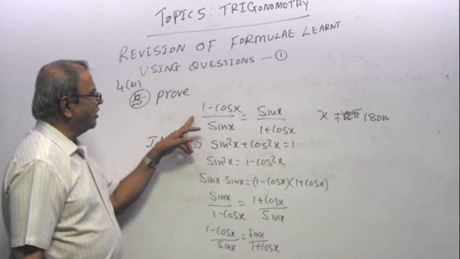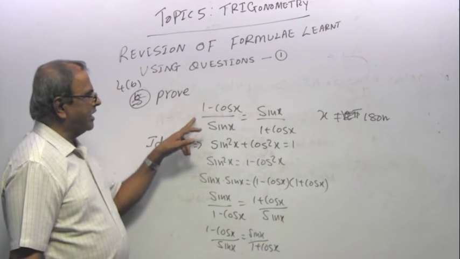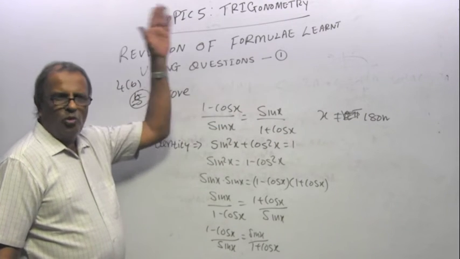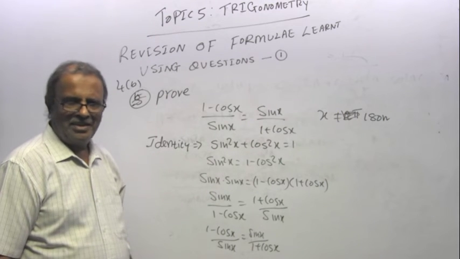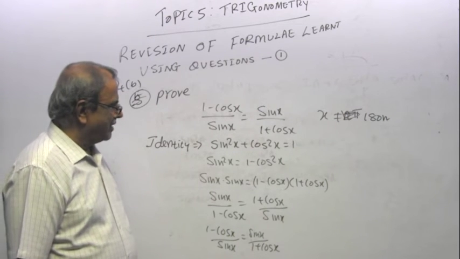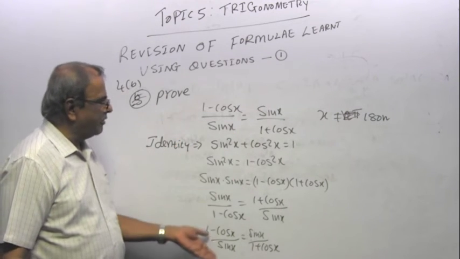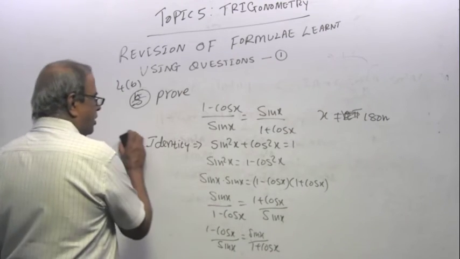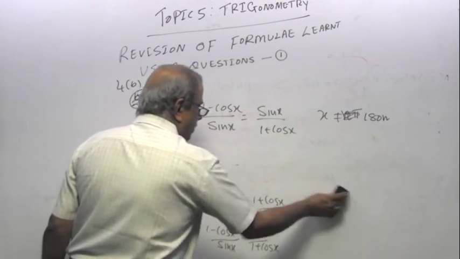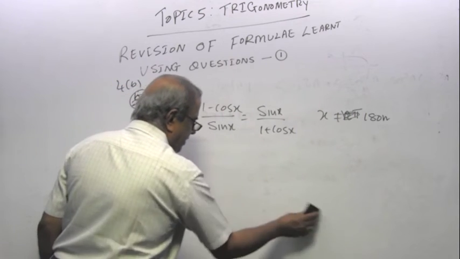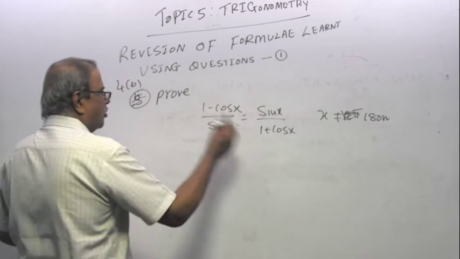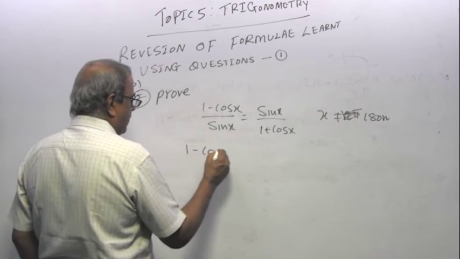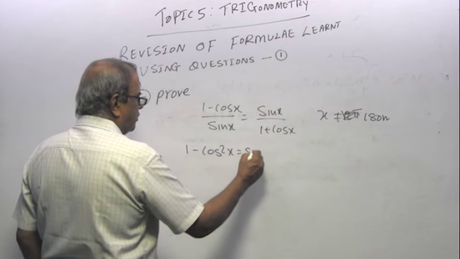Hey, that's one way. But here I can start with this, write it as cosec x minus cot x. Oh, there are so many ways you can do this question. But I have shown you that this is one way of doing it. Okay, I can't think of it. No problem. I'll show you another way of doing this. The other way would be cross multiply. 1 minus cos squared x equal to sin squared x.